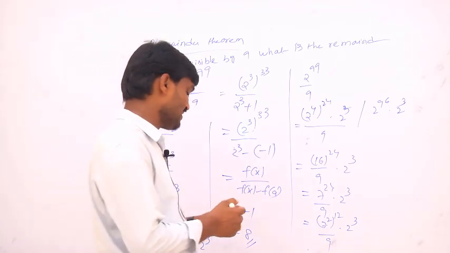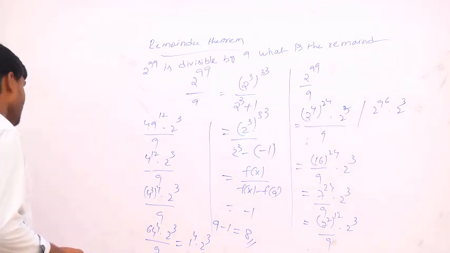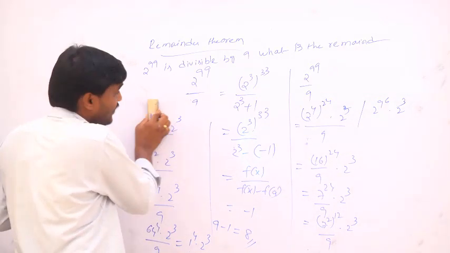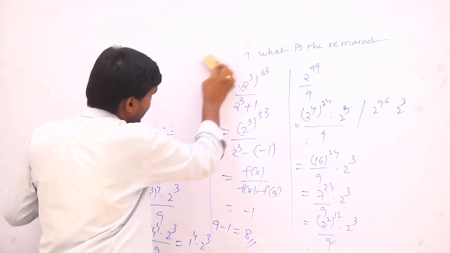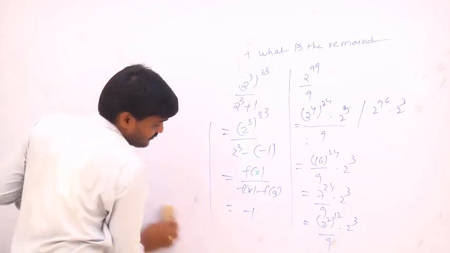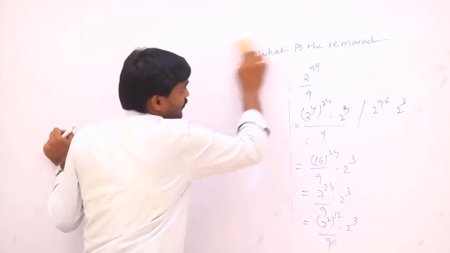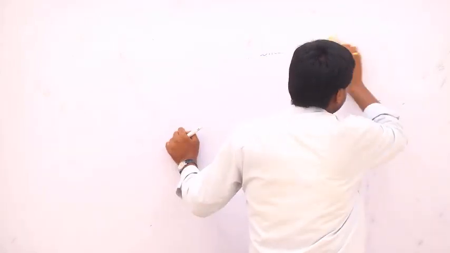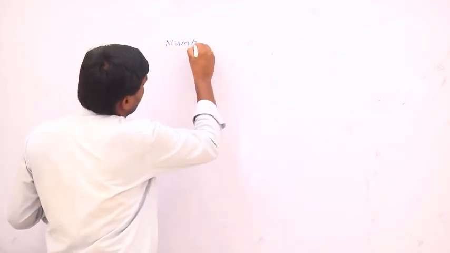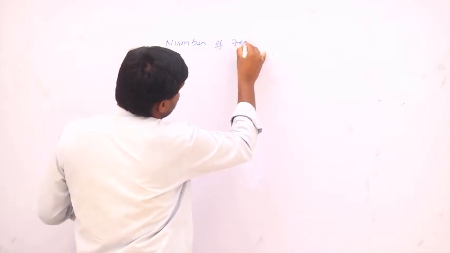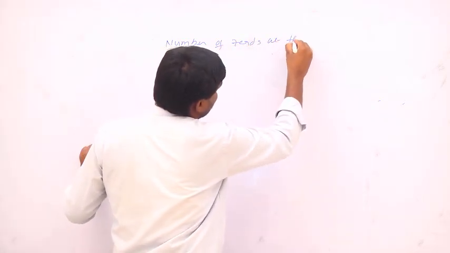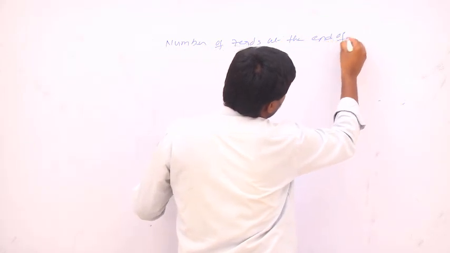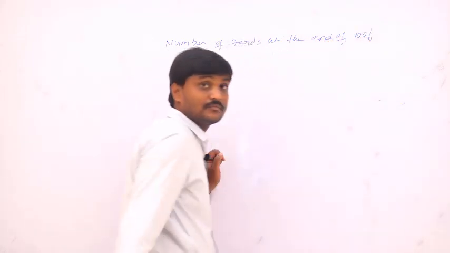The next point is the number of zeros at the end of a factorial. Number of zeros at the end of a factorial.